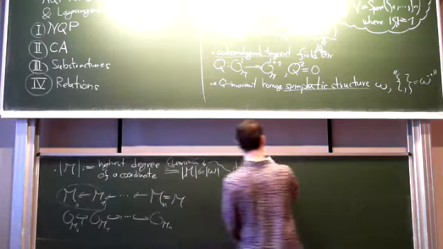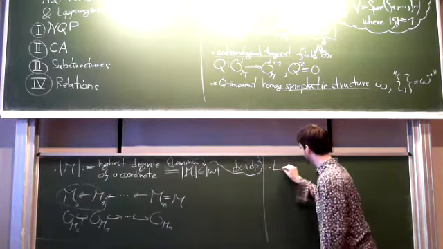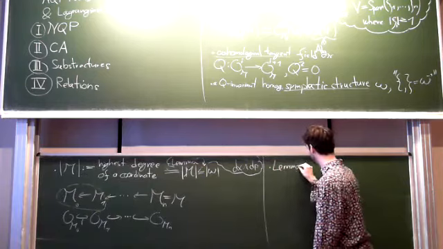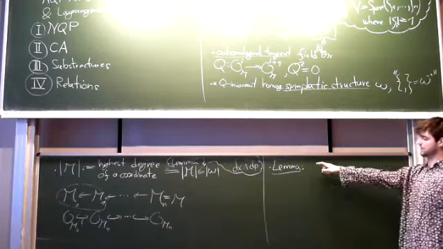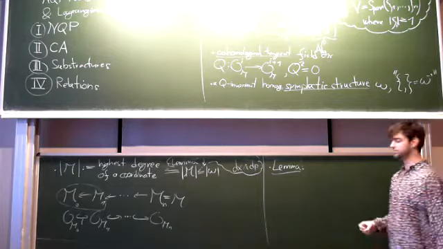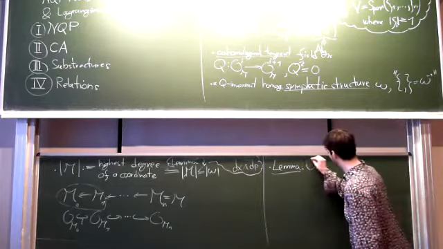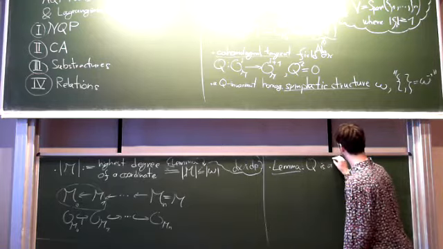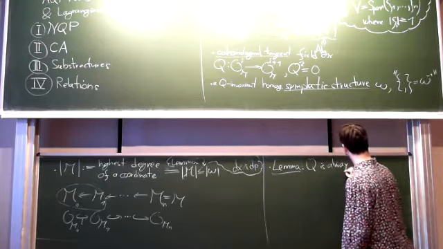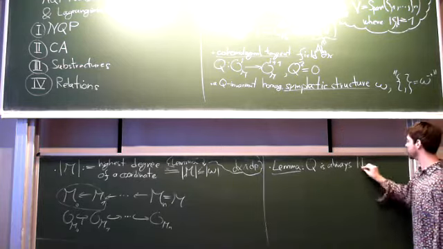So let's continue here. A lemma regards a missing structure from the BRST theories. Q is always autonomous.